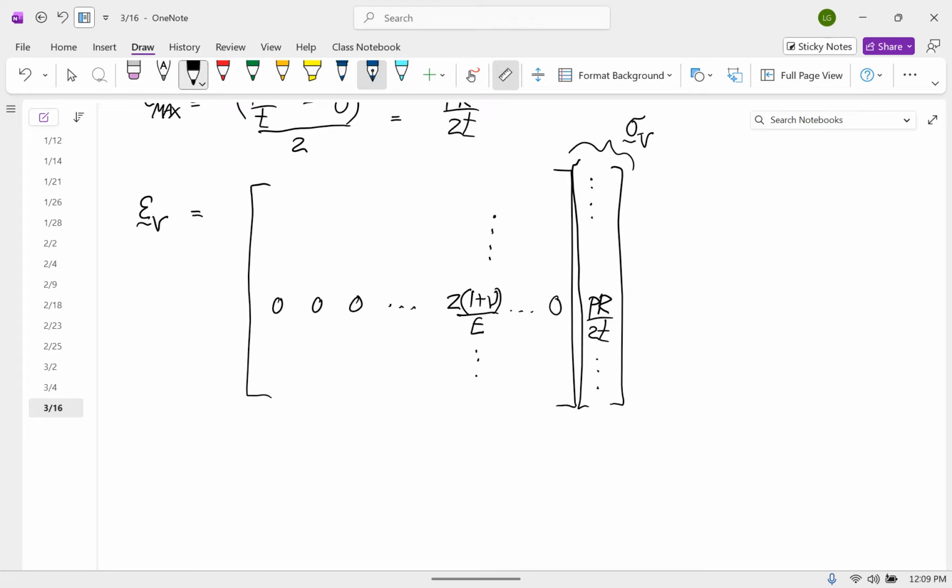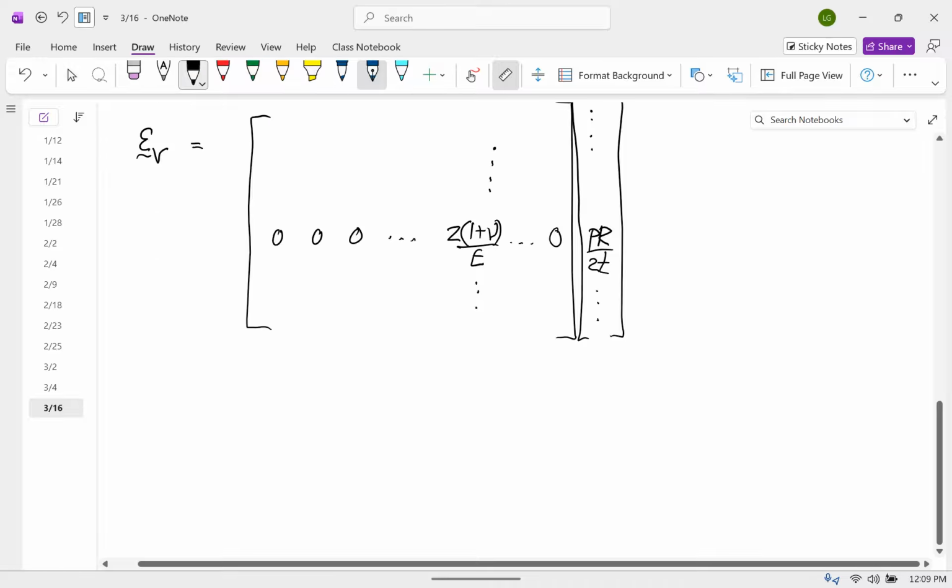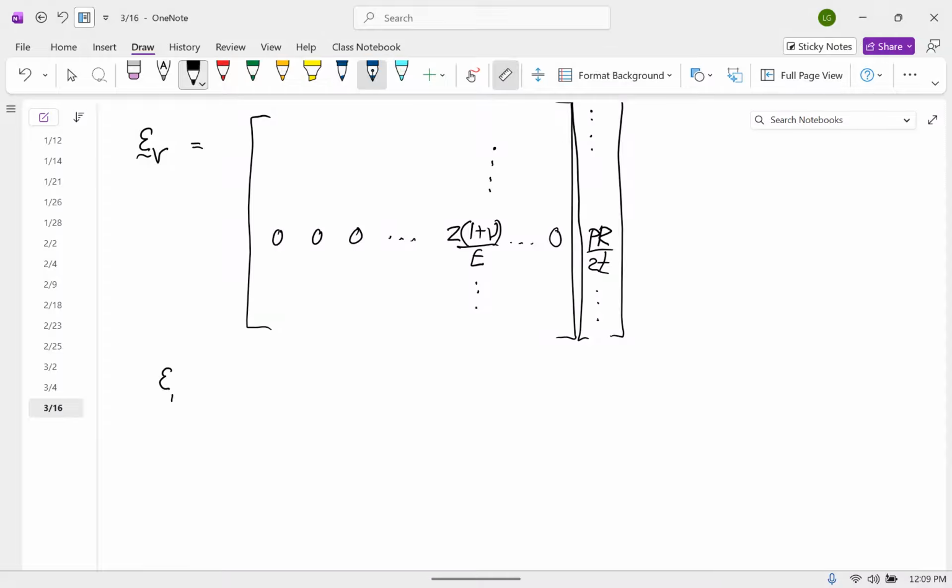So anyways, that means that we don't have to fill in this whole matrix. We can just say that our shear strain max is equal to 2 times the quantity 1 plus nu over E times PR over 2T. The 2's cancel. So 1 plus nu times PR over ET.